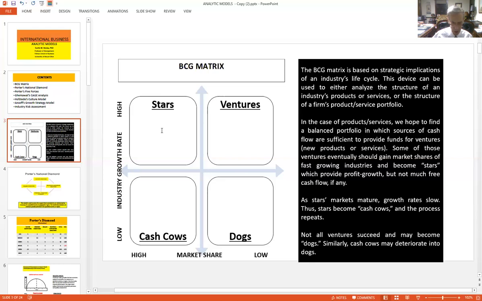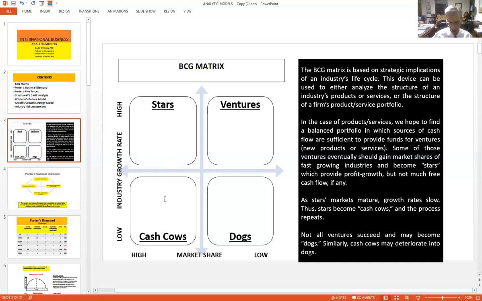And so although they're making a lot of profit, they may not be generating a lot of cash. And it may be that these cash cows have to provide a little bit to the stars. Now, the stars are making a lot of profit and they're very creditworthy. So they may not need a whole lot of help from down here.